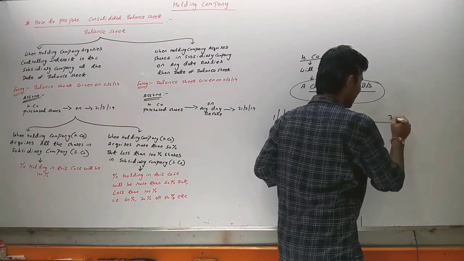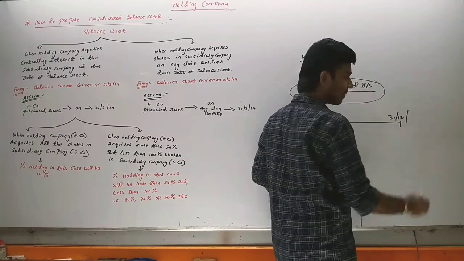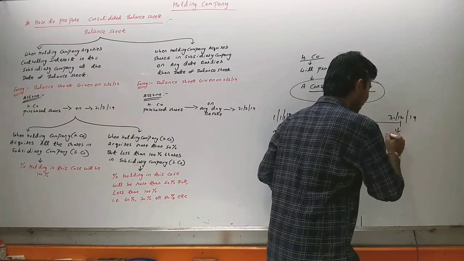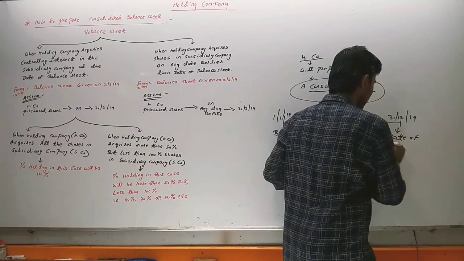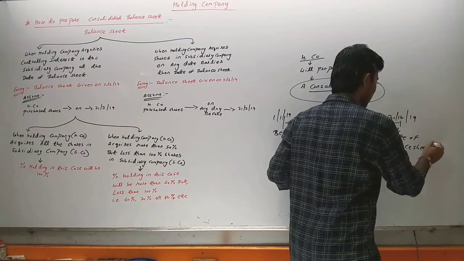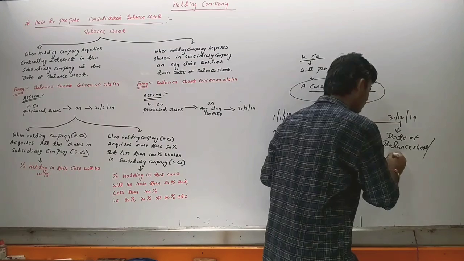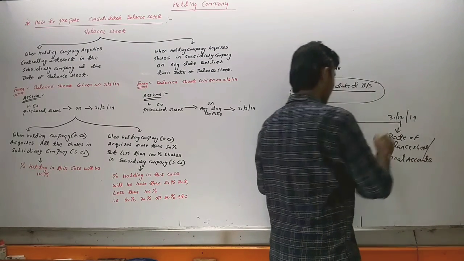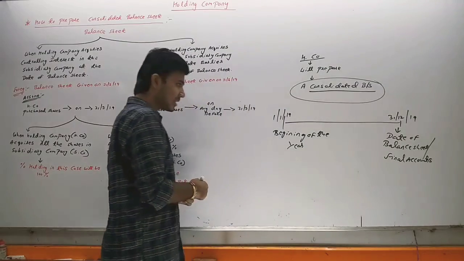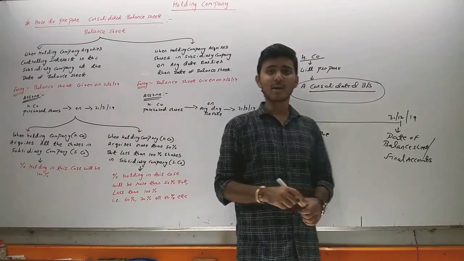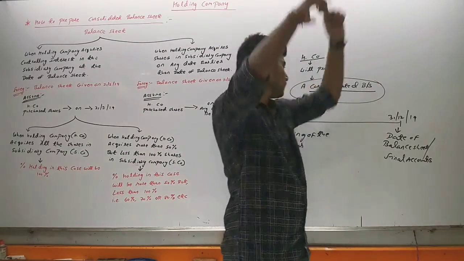The last date of the year will be 31st December 2019, which we can call the date of balance sheet or final accounts. That is the date on which the balance sheet has been prepared, or the final accounts, which are the profit and loss account, trading account, balance sheet, and cash flow statement.